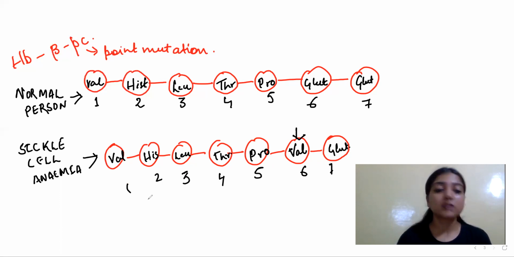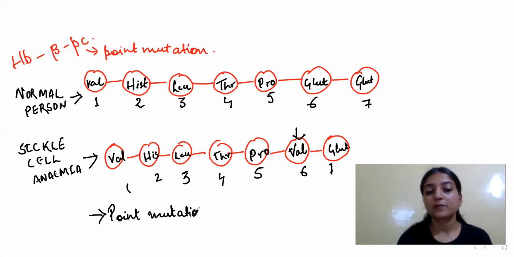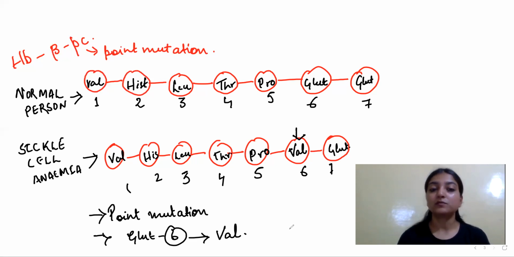So in sickle cell anemia, two things are happening. First, there is a point mutation, right? Second, the glutamic acid at the sixth position is being exchanged by valine, right?